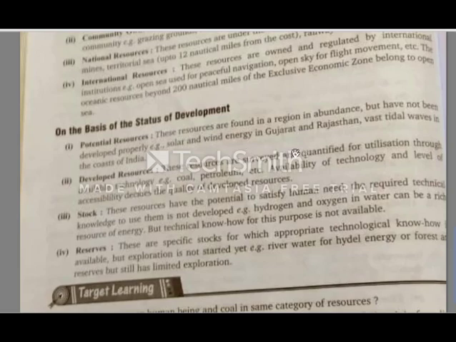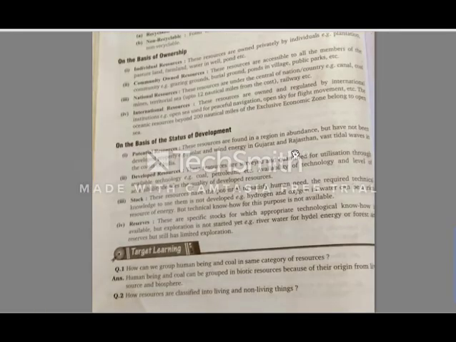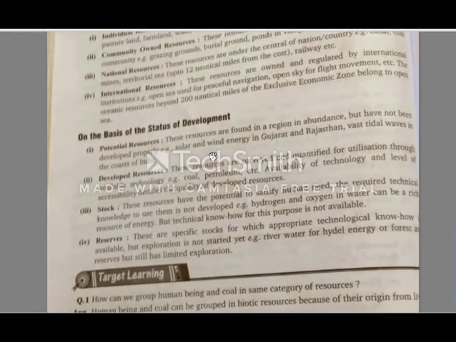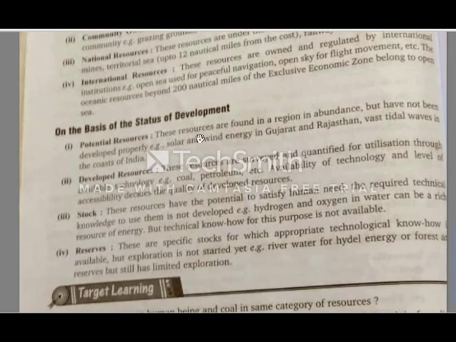For this, I want to say that we have lots of resources, but we don't have the technology through which we can use them properly. We have the huge resources. Abundance means richness, and we can also say progress.